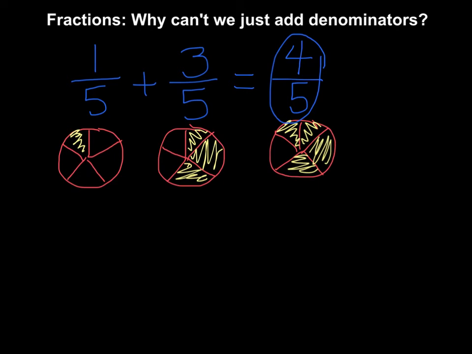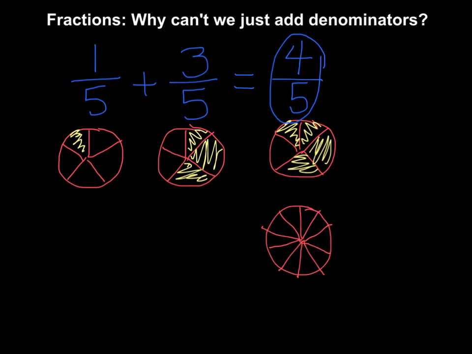So now let's take a look at what would have happened had we added our denominators together. So 5 and 5 would have made 10, meaning that my circle would have been cut up into 10 slices instead. So there's my 5, and we'll cut each of those in half to get our 10.